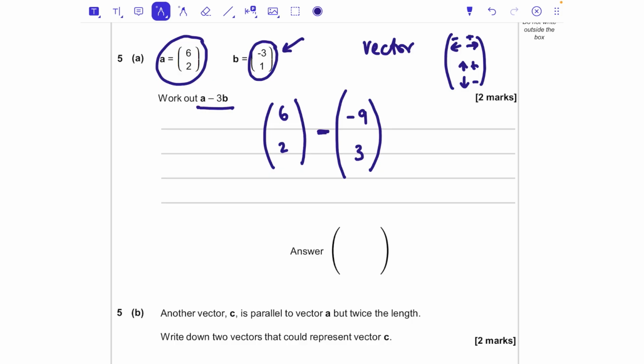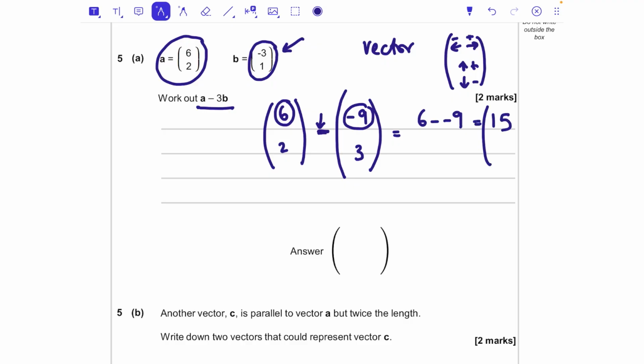So all we need to do now is look at the top. Now this is not a fraction. There's no line here. We're not looking at fractions. We're looking at vectors. So where normally on a fraction you'd make the denominators the same, this is not a fraction, so you don't need to worry about that. So 6 take away minus 9. Now 6 minus minus 9 is 6 add 9, which is 15.